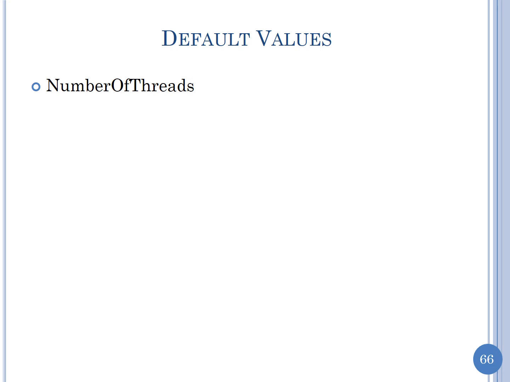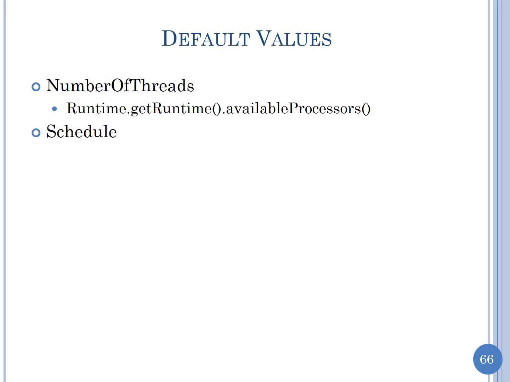As long as your computation is safe, you might just want the number of processors, and you can do something like this in Java: you can figure out how many processors you have. So that's the default value, unless you know better. We're going to play around with this issue soon.